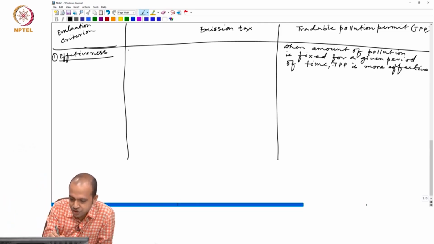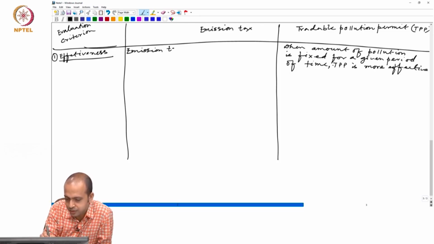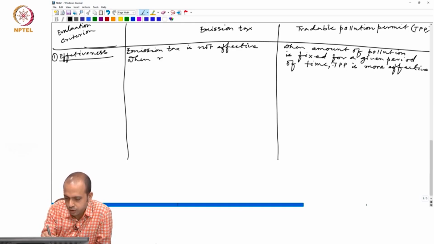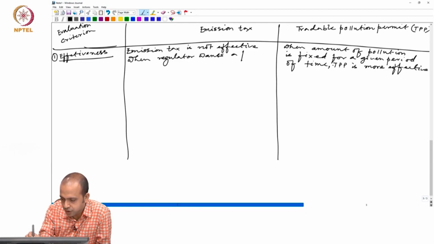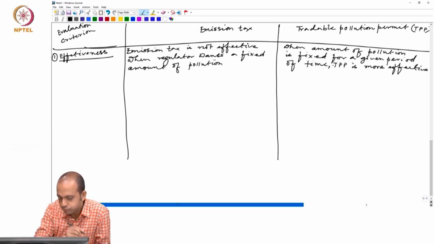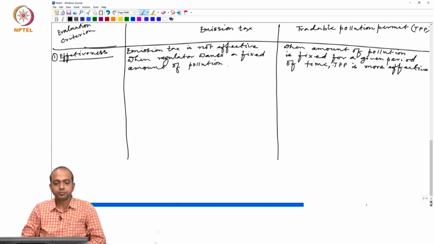So, emission tax is not effective when a regulator wants a fixed amount of pollution.